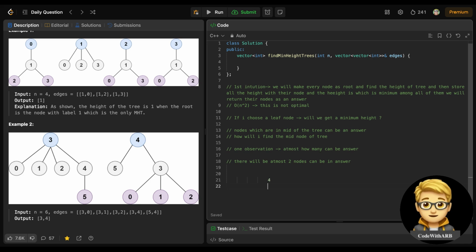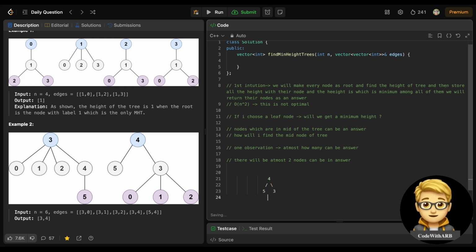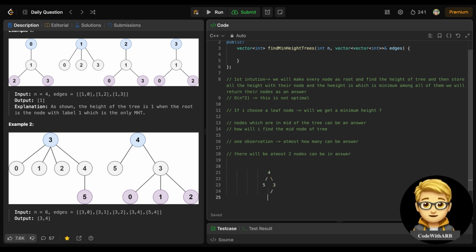Suppose this is given, this 4 5 3, and this is 0, 1, 2.